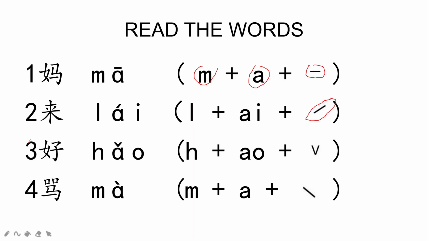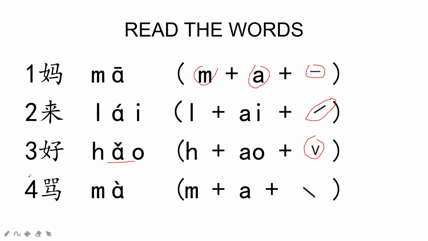Okay, the third one, this word means good. The pronunciation is about like hao, like that. Since this is the third sound, remember. So hao with the third sound means good.